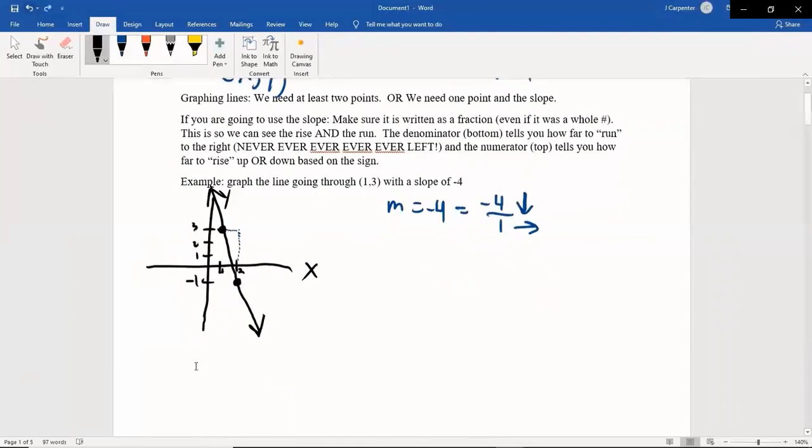All right, let's try another one. Graph the line through -2, -5, slope 7.